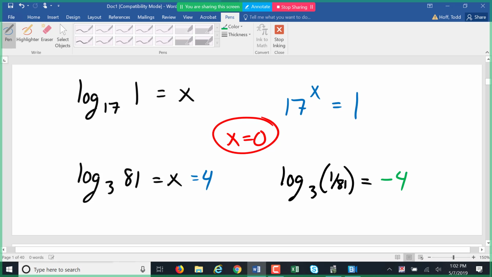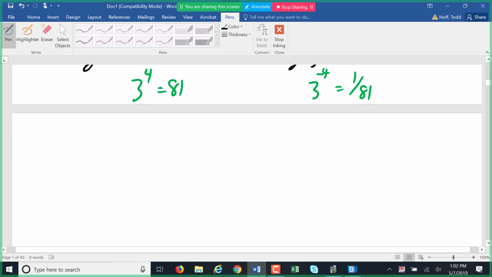It has to be negative 4. Remember, this is saying 3 to the power of 4 equals 81. This is saying 3 to the power of negative 4 equals 1 over 81. A negative power is a reciprocal. So if we know the log of a number, we know the log of its reciprocal.